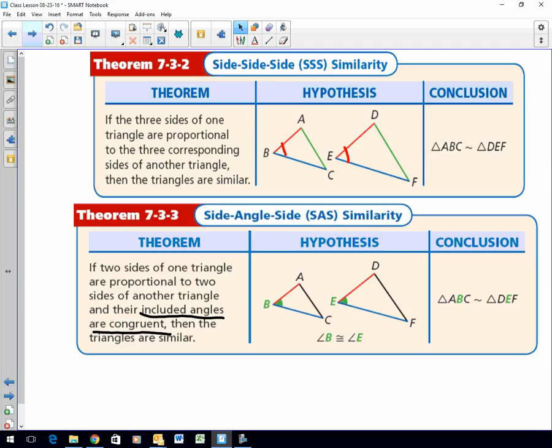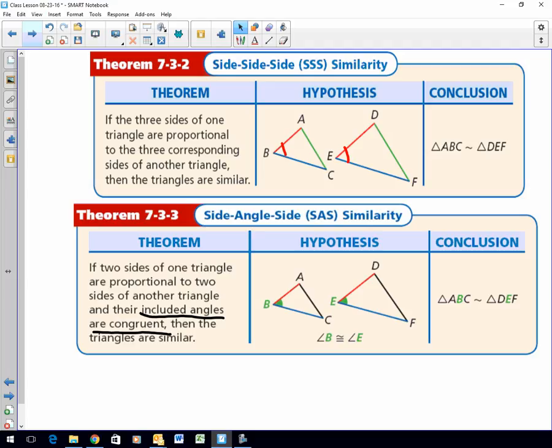This goes back to the very first day when I talked about it. It would be angle B. I said an angle is created when a line segment or a ray intersects another line segment or ray.